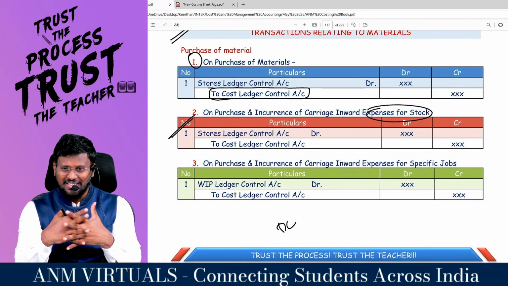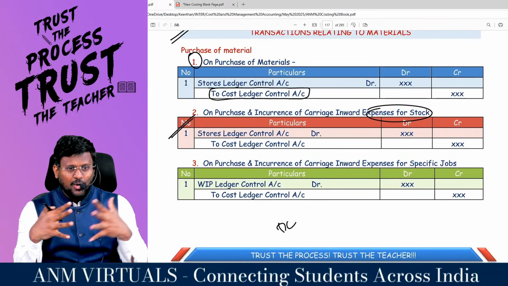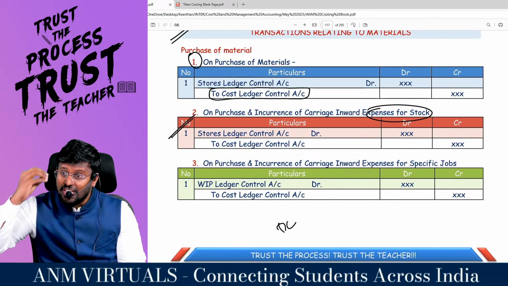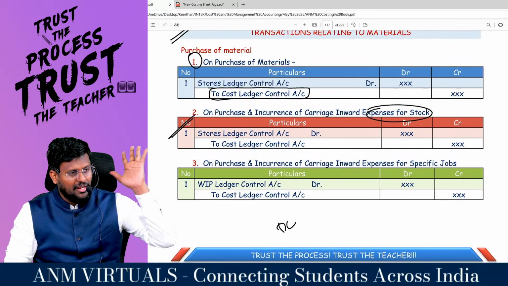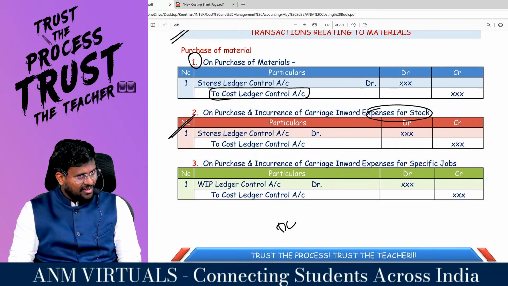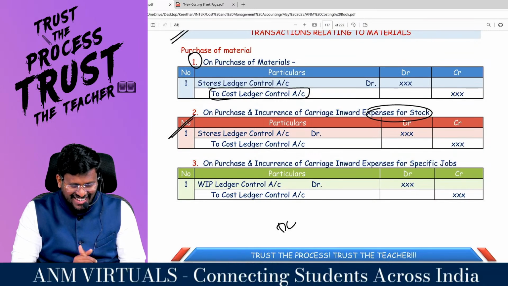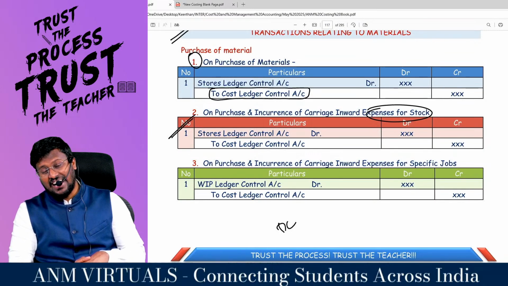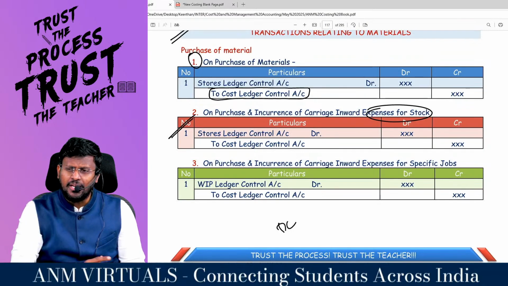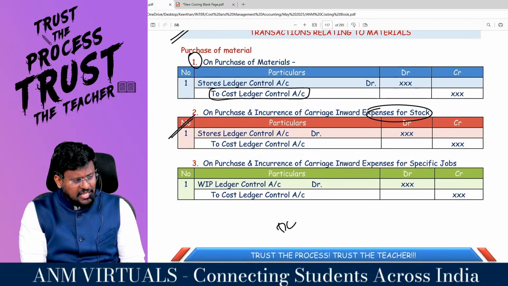Integral means mixed: costing and accounts together. Non-integral means costing is separate, accounts are separate. Now we are studying the non-integral system. Can you say the journal entry? On purchase of raw material, stores ledger control account debit to cost ledger control account.